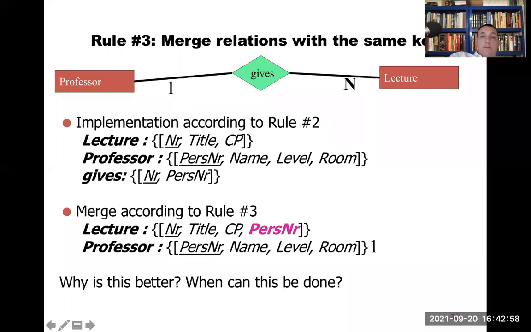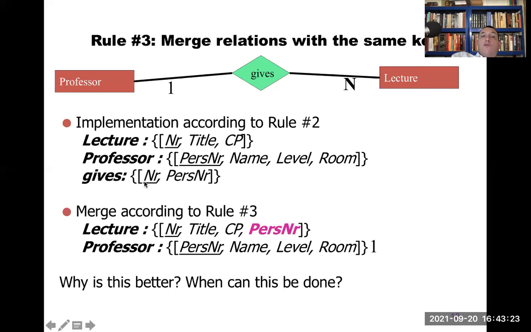So looking at this database schema, we see that the lecture table and the gives table have the same key, number. And that means that if we want to read all the data about a lecture, we need to go to the lecture table and search there for the lecture by number. And so we'll find title and points.